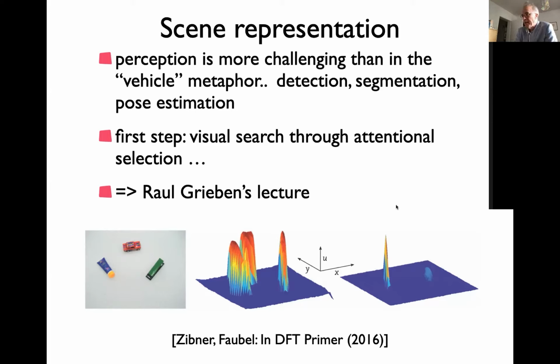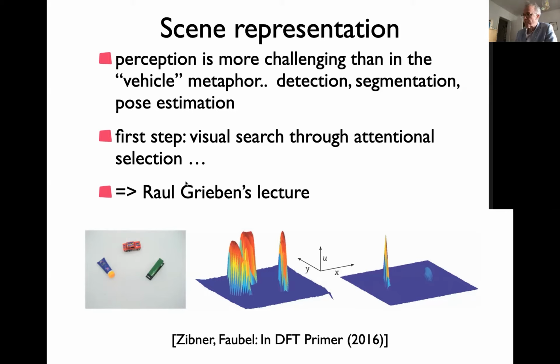So that is a form of perception that is more challenging than the unsegmented depth profiles that I argued that vehicles can use, or these views that an animal, a rat, for instance, could use to recognize that it is at the same location because it has the same panoramic view as it is looking around.